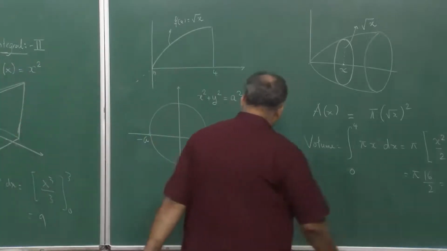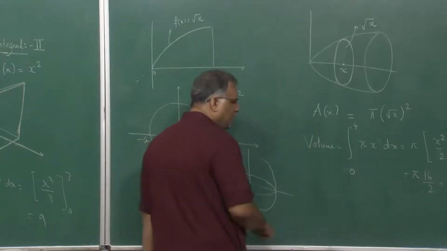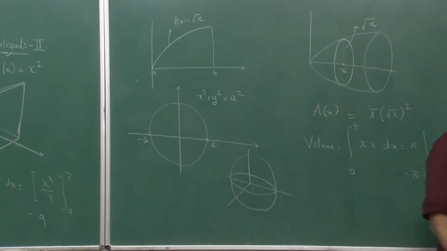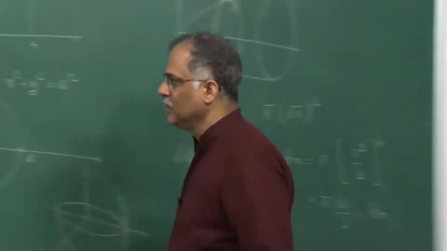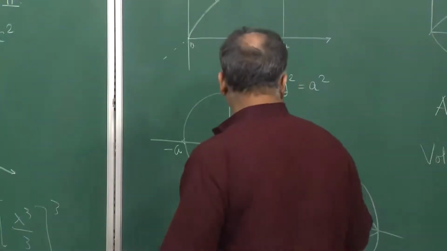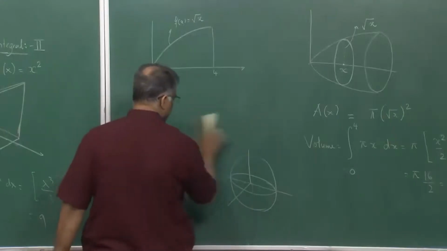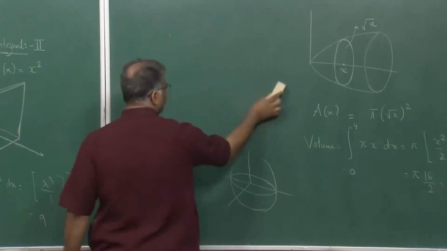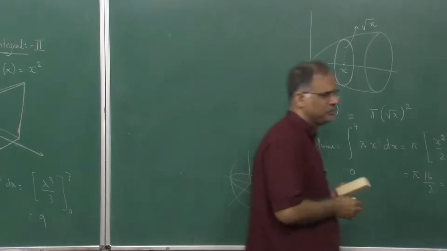So, can I use the same method to find the volume of a sphere? You see the same type of ideas we are using to find the volumes. So, let us try it out with the sphere. So, now we are going to find the volume of a sphere.